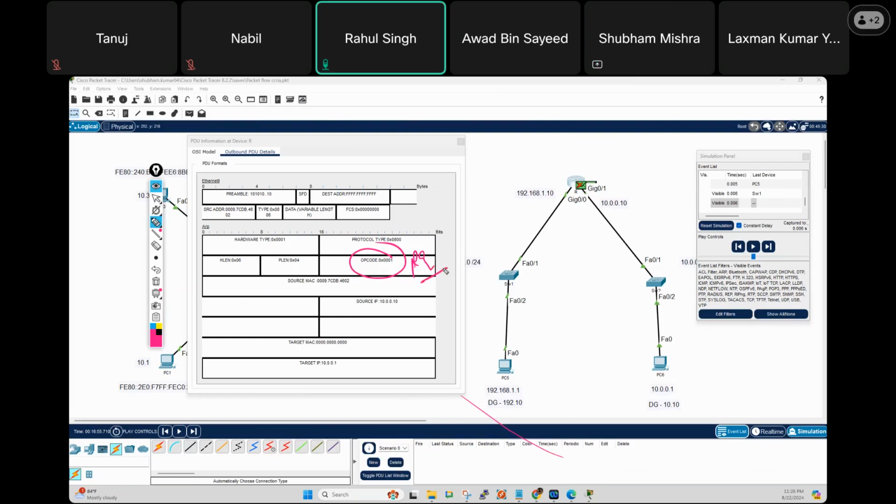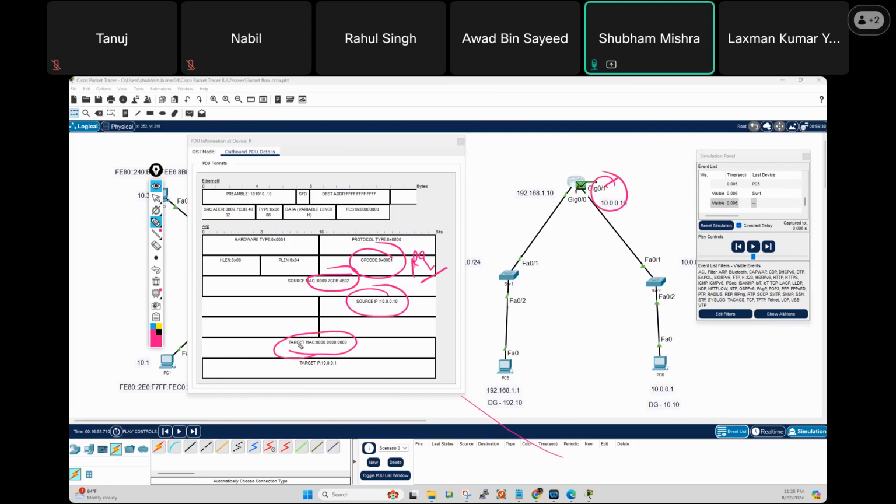Who is generating? Source IP is 10.10. It means this is the source IP address. The router is generating this ARP request. And the source MAC address is this one. It means this is the MAC address of this interface. Are you getting my point, everyone? And the target MAC address is 0000.